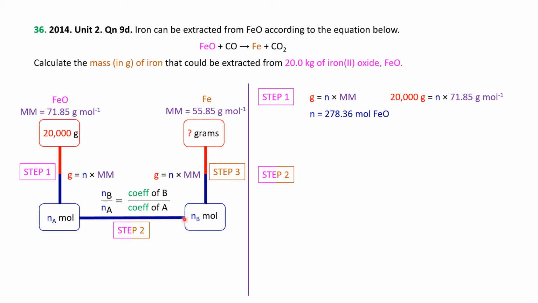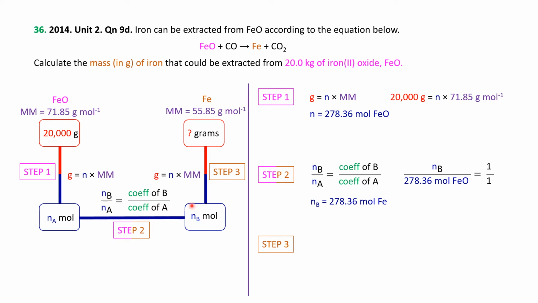Step number 2, we convert moles of A, of FeO, to moles of iron, and we do that using the coefficients from the equation. Well, fortuitously, the coefficients are both 1. So moles of B, which is moles of iron, equals the 278.36 moles of substance A that we previously calculated, times 1/1, so the moles of iron is 278.36 moles. That's what goes in this box.